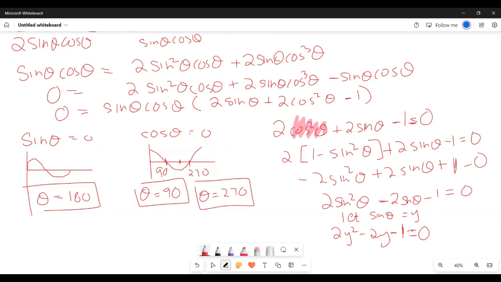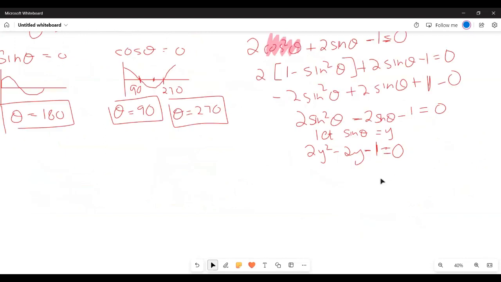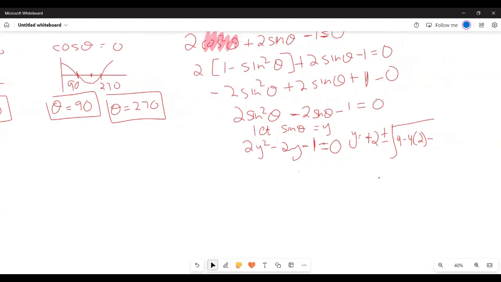We will have to use the quadratic formula. y equals minus b plus minus square root of b square minus 4ac upon 2a. I'm still getting my internet connection is unstable.